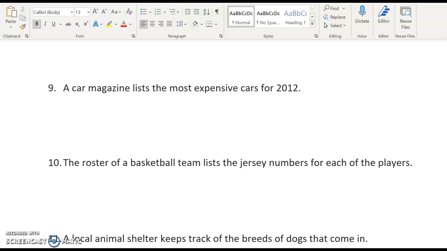All right, number 9. A car list of the most expensive cars for 2012. Okay, this is going to be prices.